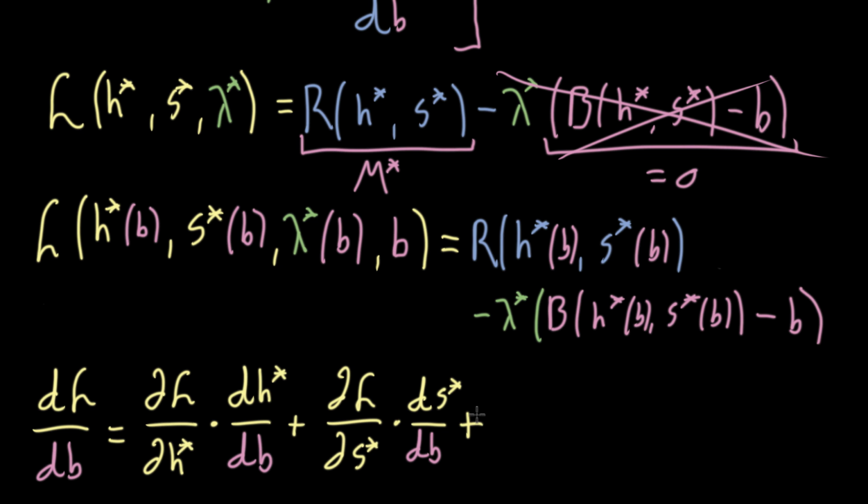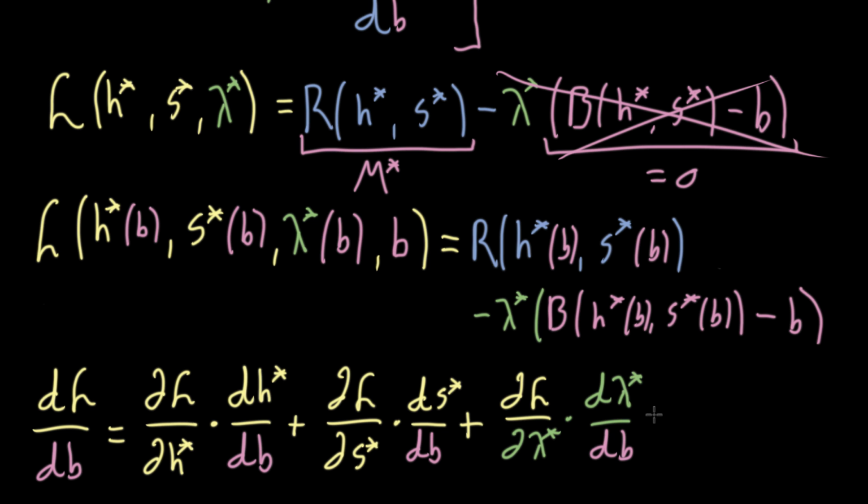You can see how you really need to know what the multivariable chain rule is, right? This would all seem kind of out of the blue. So what we now add in is the partial derivative of L with respect to lambda star, multiplied by the derivative of lambda star with respect to little b.